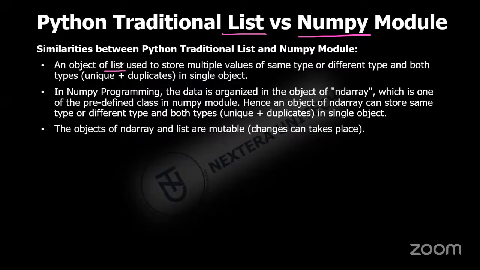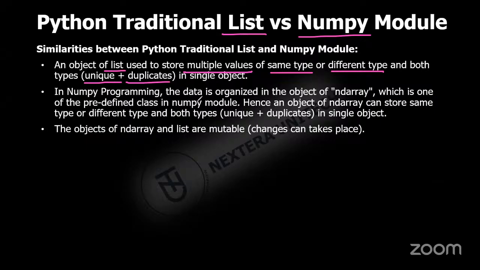What is the purpose of the list data type? The list data type helps us to store multiple values, either of the same type or different type, which can be unique values as well as duplicates. So this is the purpose of list.